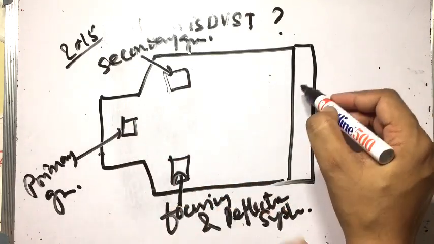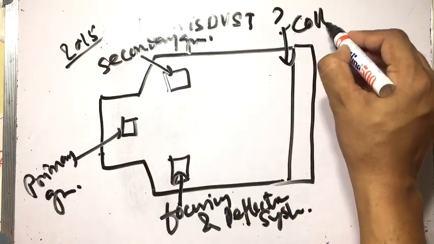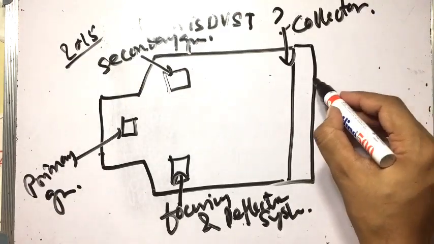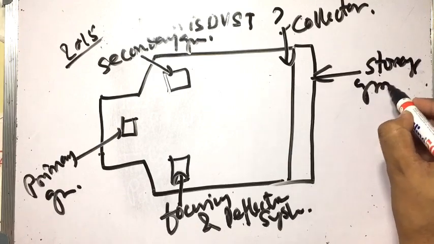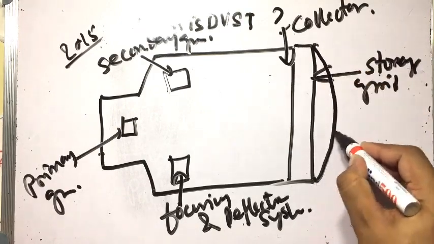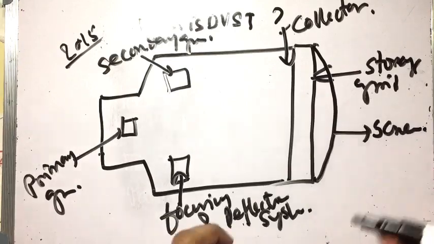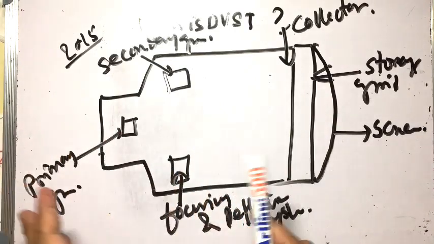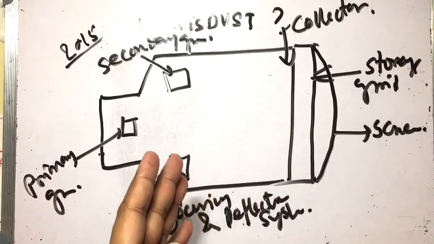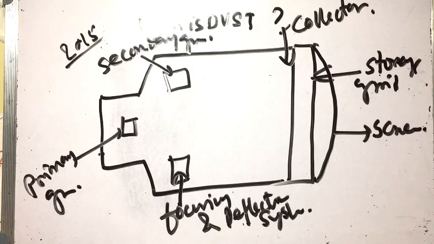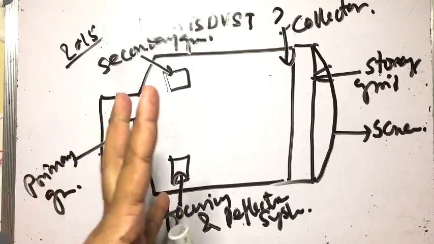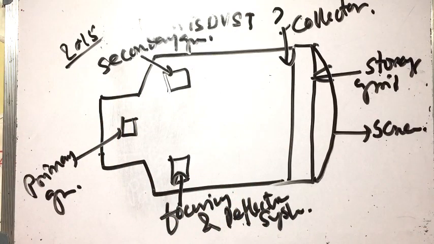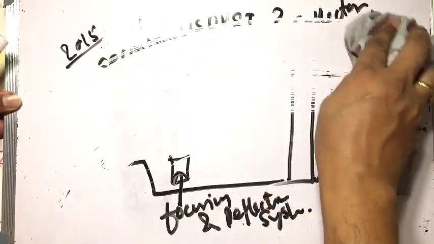This is the collector, which collects the image, this is a storage grid, and this is the screen where the picture is displayed. This is the structure of DVST. The primary gun is used to store the picture pattern. The secondary gun is used to maintain the picture display.